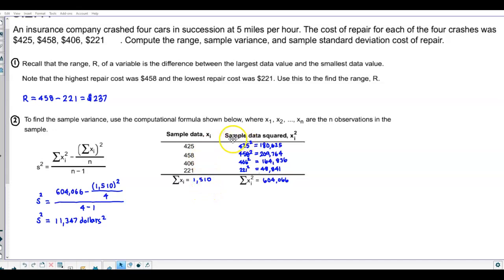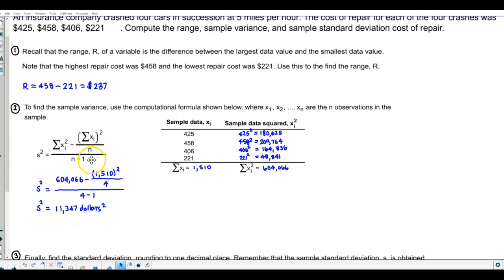And then if we take each sample data value and square it, and then add those to get the sum of the data squared, that is going to give us 604,066. Once we get this information, we plug it into our sample variance formula.